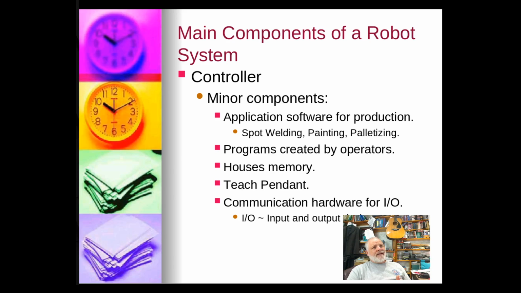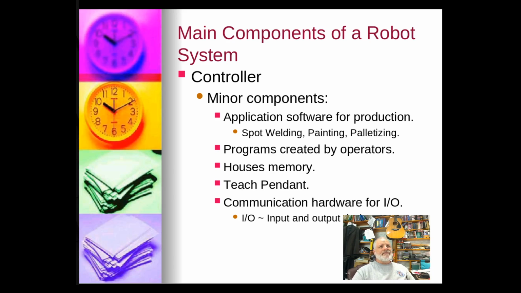But in industrial robots, they are usually a proprietary type of software that, depending on whether you get a FANUC or an ABB robot or whatever, it's going to perform the same tasks but in slightly different manners.